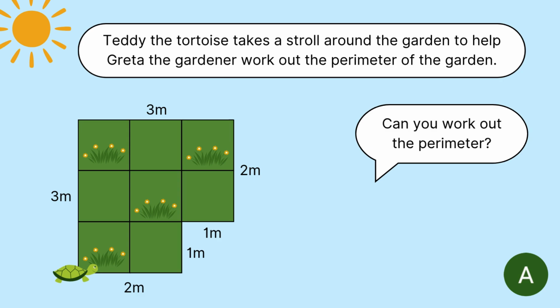So, which is 2 meters plus 1 meter plus 1 meter plus 2 meters plus 3 meters plus 3 meters. So, which is equal to 12 meters. So, the perimeter of Greta's garden is 12 meters. Teddy is happy, and Greta can now build her fence perfectly, right?